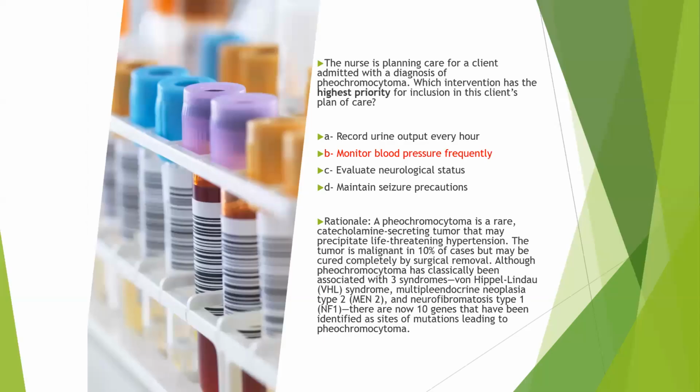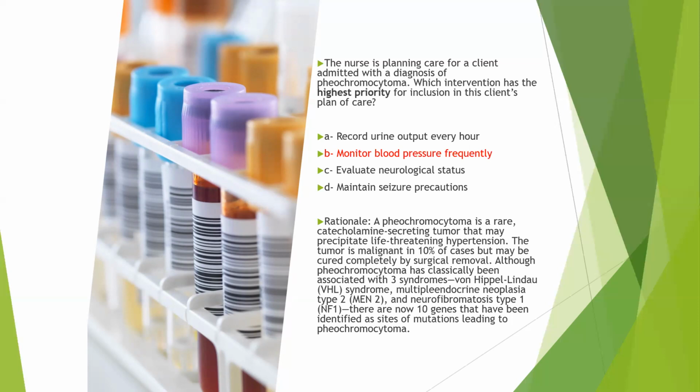So priority here, you have to know what a pheochromocytoma is. A pheochromocytoma is a rare catecholamine secreting tumor that may precipitate life-threatening hypertension. The tumor is malignant in 10% of cases, but may be cured completely by complete surgical removal.